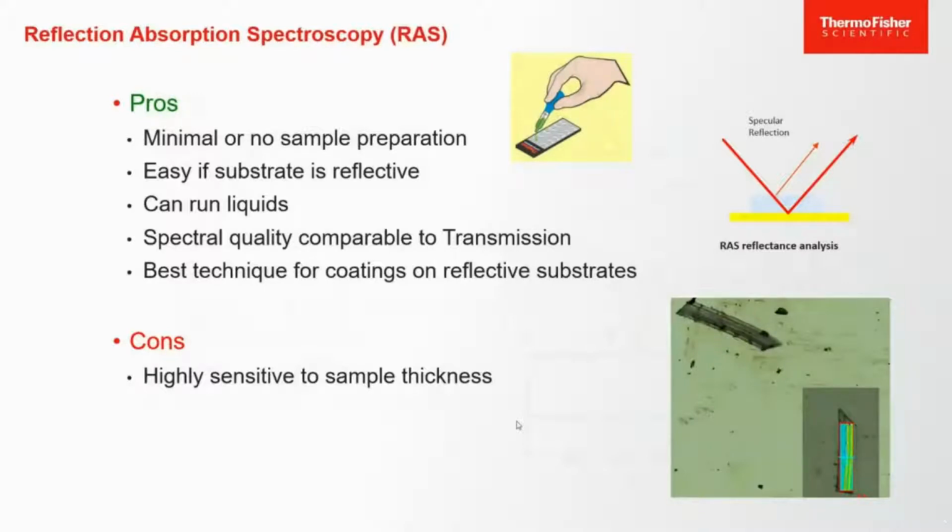The spectral quality of reflection absorption can be very comparable to transmission, and it's very good for coatings such as paint or something like that on a reflective surface. The negative is that it's very sensitive to the sample thickness. If the sample's too thick, then you get these very strange peaks, or you get nothing at all. It's just totally absorbing. So you have to be careful with that.